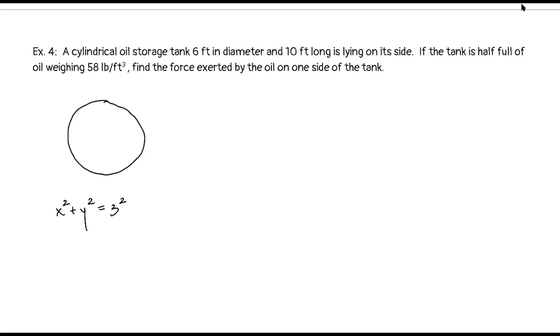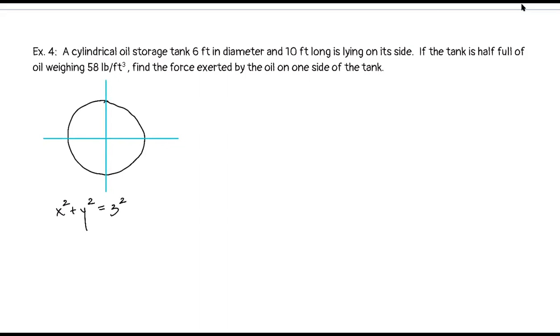Because this is a little bit more complicated than finding the slope of a line, I'm going to center my coordinate axes at the center of the circle so that I can use the most simple equation possible. That means my vertical axis is right down the middle, and so is my horizontal axis.